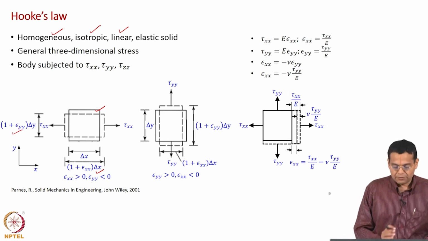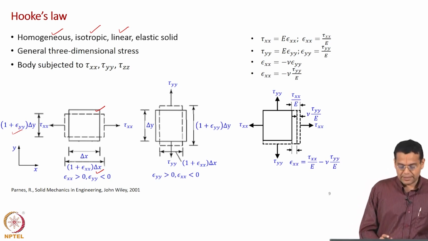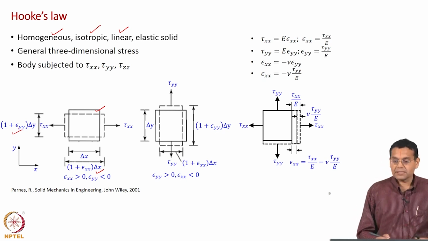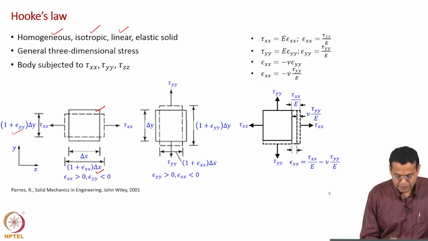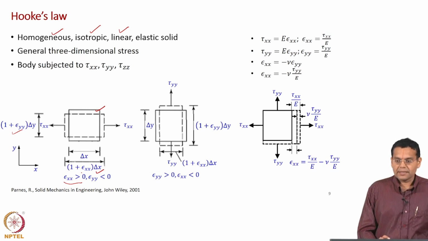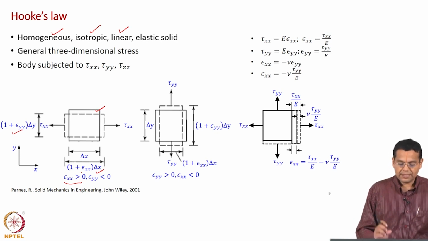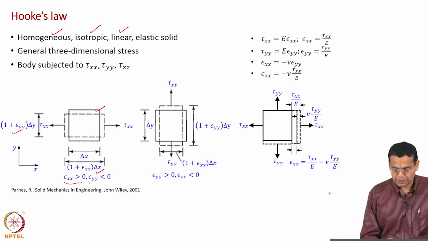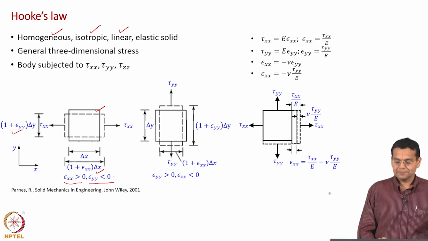For this condition, there is elongation along the x axis, so epsilon xx is greater than 0, there is contraction along the y axis, so epsilon yy is less than 0.